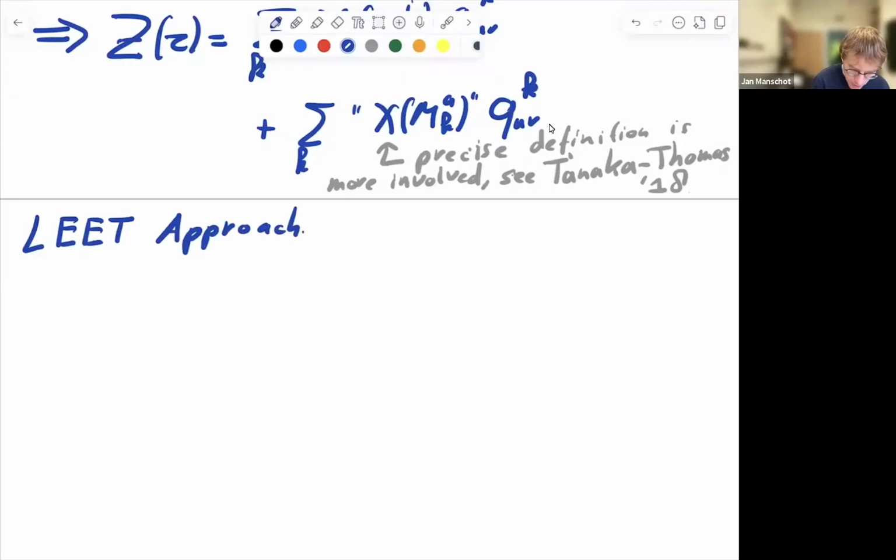Since we have seen already yesterday for the vector multiplet that it's a powerful approach, we can do calculations there, even though it's not so clear what we are actually calculating, but we can do the calculations and then in the end match with results in mathematics, which puts both sides on a firmer footing. So I will first discuss N=2*.